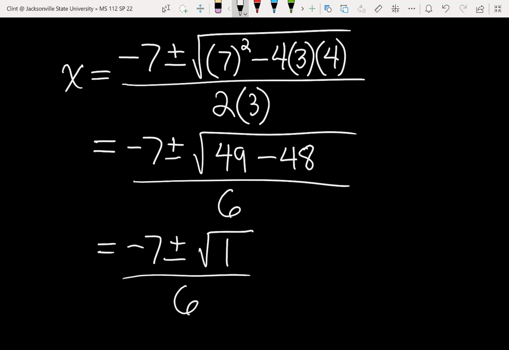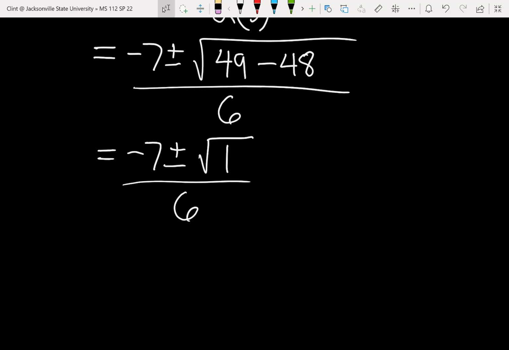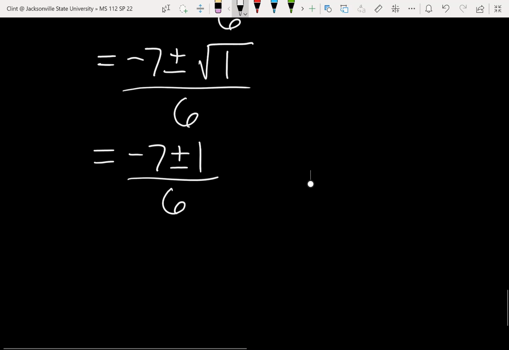Square root of 1 is what? 1. Square root of 1 is 1. Negative 7 plus minus 1 over 6. Two solutions here. So if we use the plus sign, we've got negative 7 plus 1. That'll be negative 6. Negative 6 over 6 is negative 1.